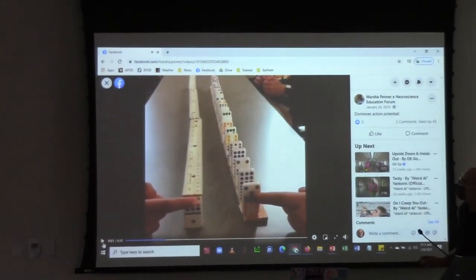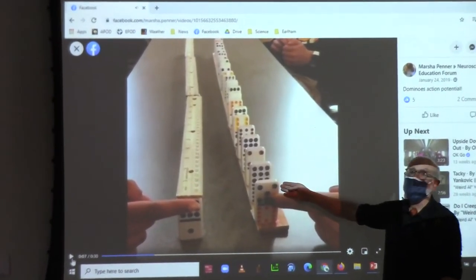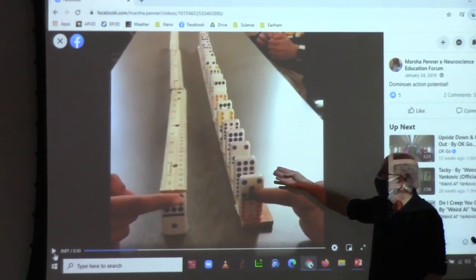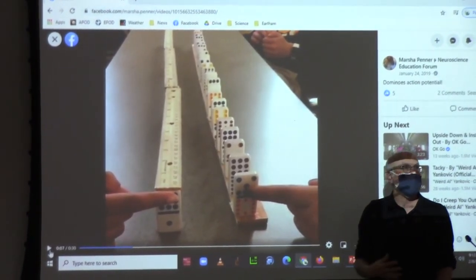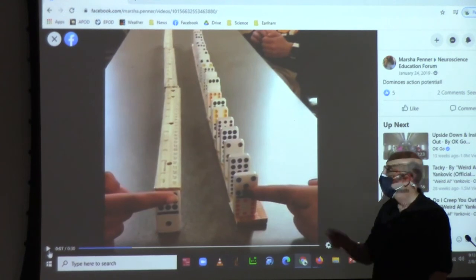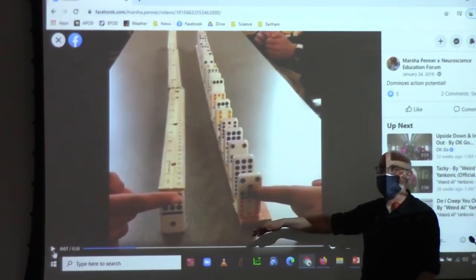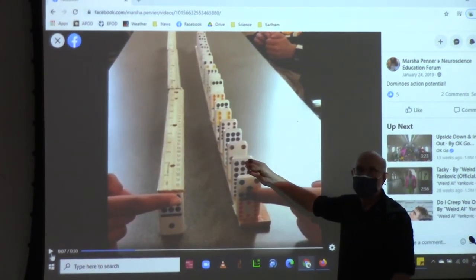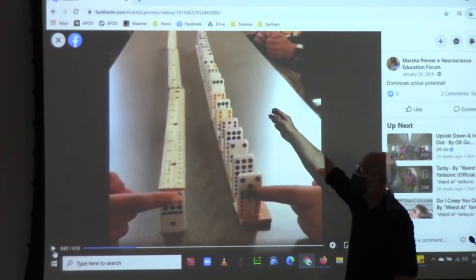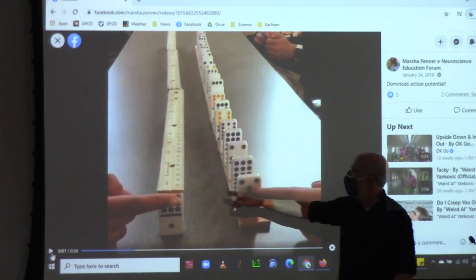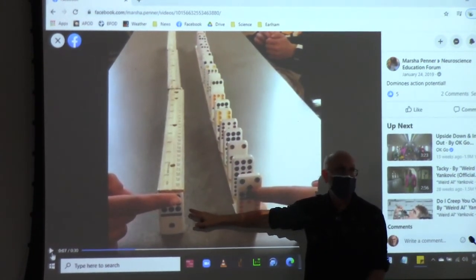I'm setting this up. So here is an unmyelinated axon, and each of the dominoes represents voltage-gated sodium channels. An action potential here would cause the domino to fall, and that would trigger an action potential here, which causes the domino to fall, etc. You know what happens here. Here is a myelinated axon.